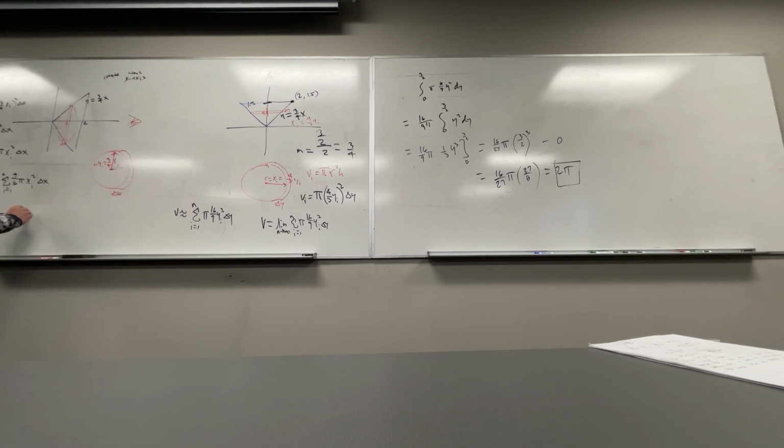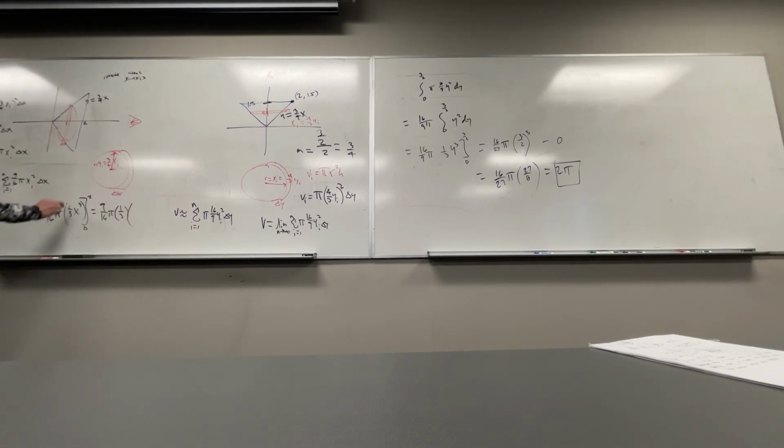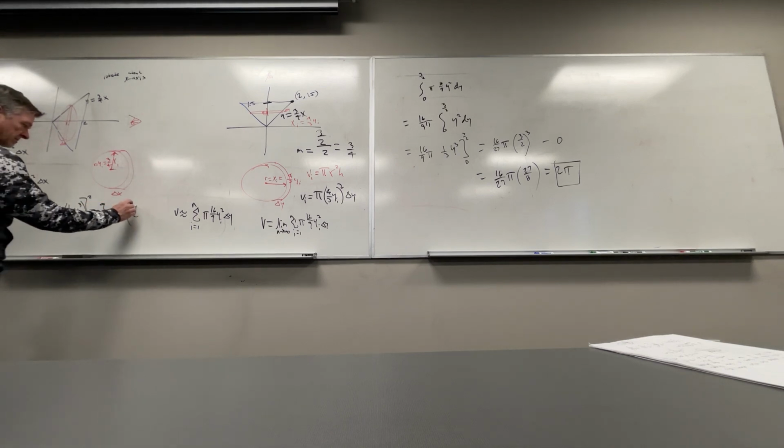Okay, so let's see what we got. We got 9/16 pi times 1/3 x cubed evaluated from 0 to 2. So 9/16 pi times 1/3 times 2 cubed minus 0 cubed.